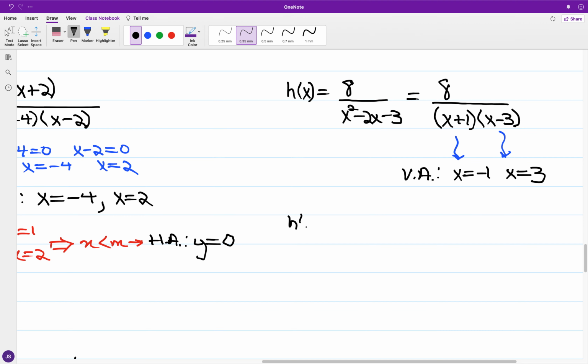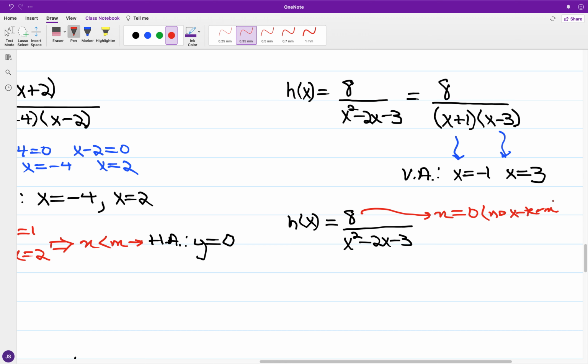And in terms of any other asymptote to add to the vertical asymptotes, we have the degree comparison. In the numerator, we have n is equal to 0, since again there is no x term present.